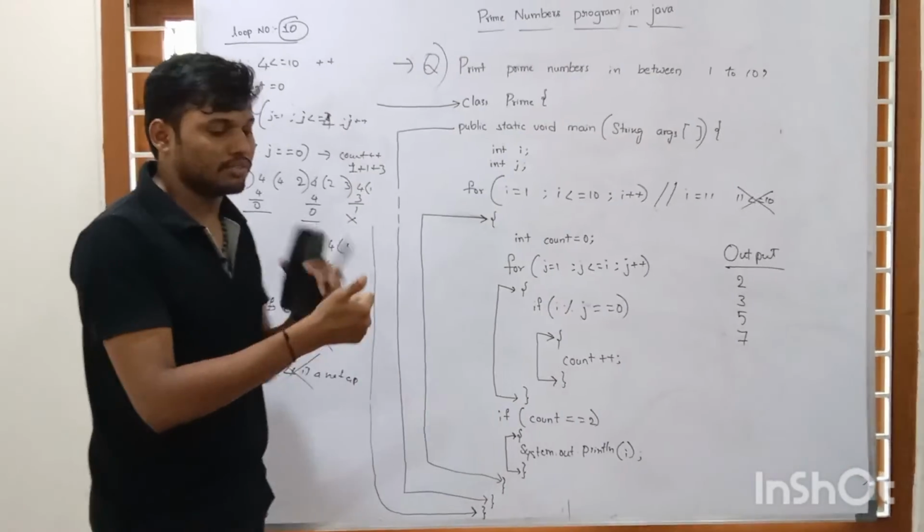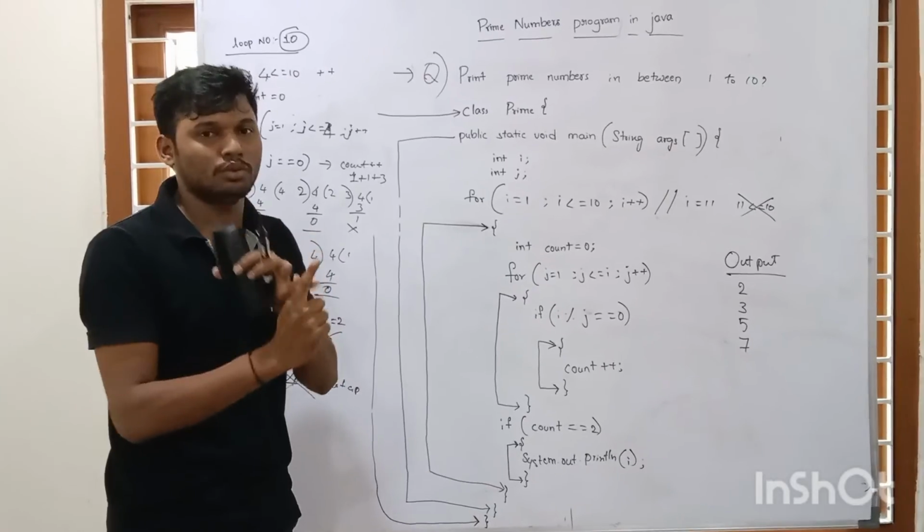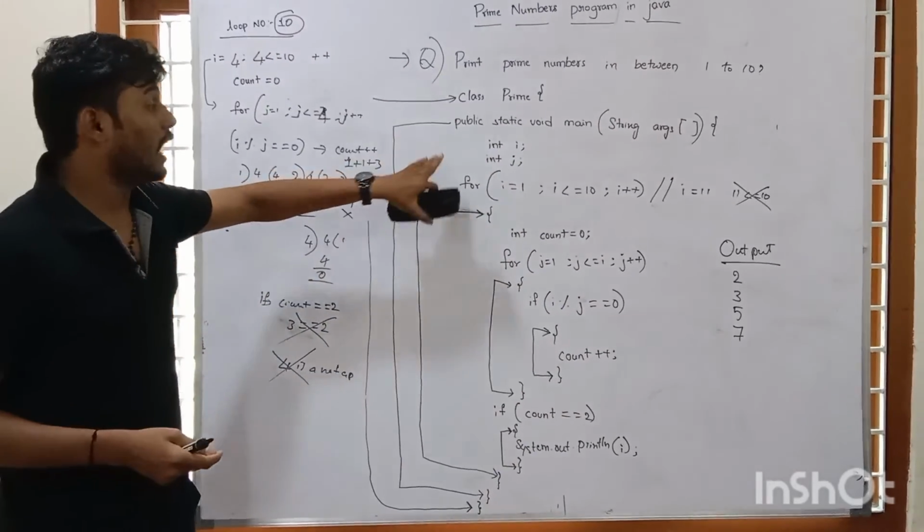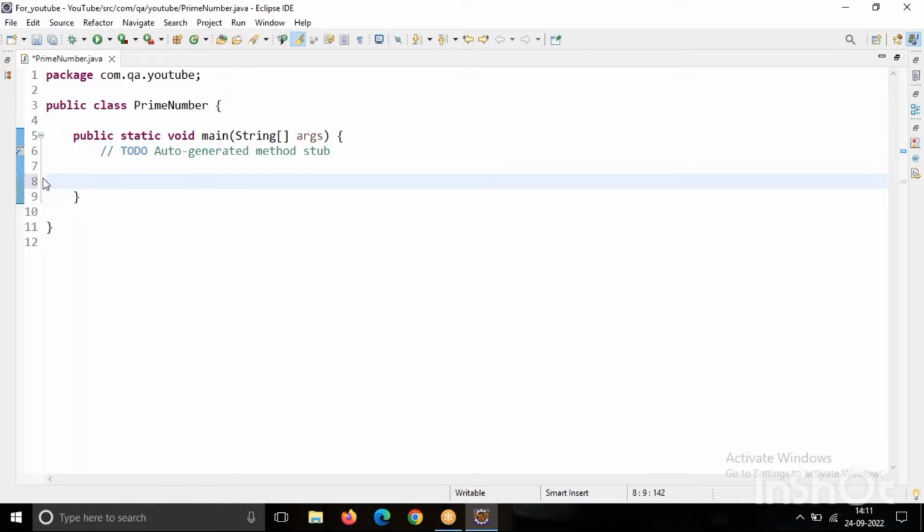Before the prime numbers, we need to know the natural numbers and the even numbers. Then only can we understand these prime numbers. Yes guys, as we discussed the prime numbers, now we are going through the execution programmatically. Here I created one class and main method.